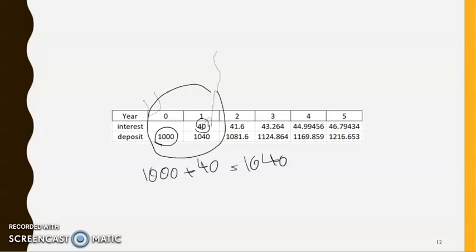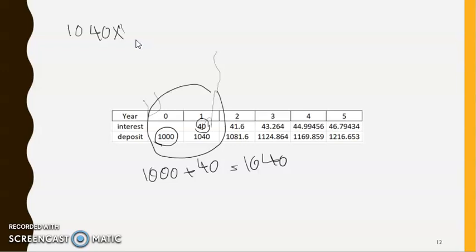What about year 2? About year 2, they are gonna again pay you 4% interest. Okay, they are gonna pay 4% interest on 1040. So to calculate that, it would be 1040. So 1040 is the amount of money you have at the end of year one.